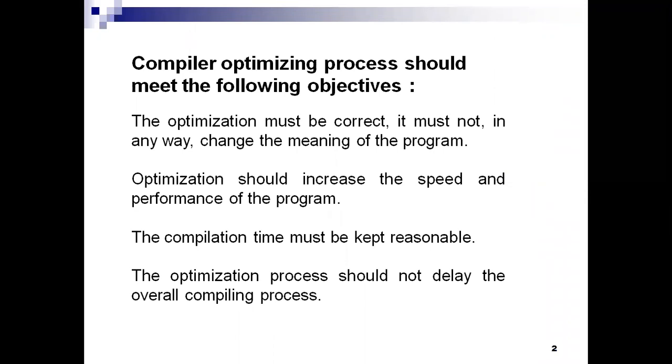From here onwards, we need to know why to optimize, where to optimize, and when to optimize. So before knowing why, where, and when, first we need to know the most important objectives. I need to apply the optimization techniques just to improve the efficiency of the code. And here my concept is that the compiler optimizing process should meet the following objectives.